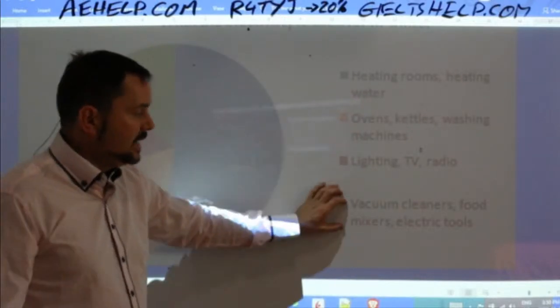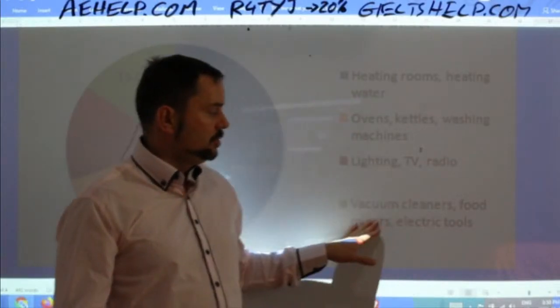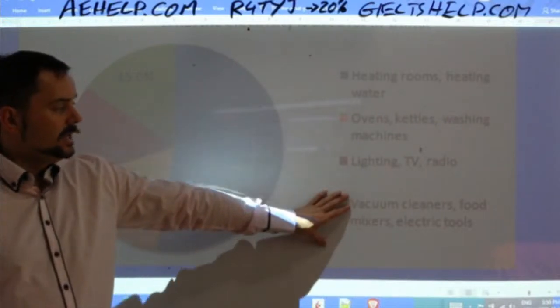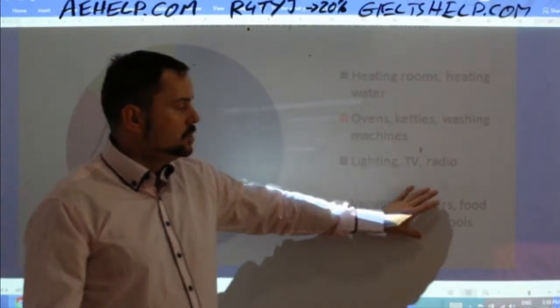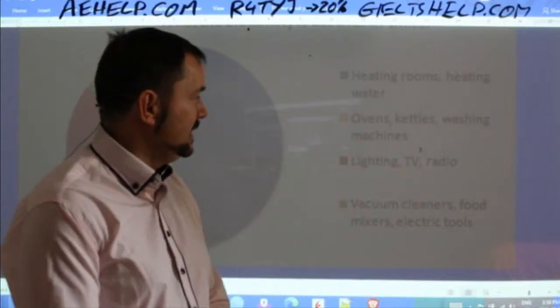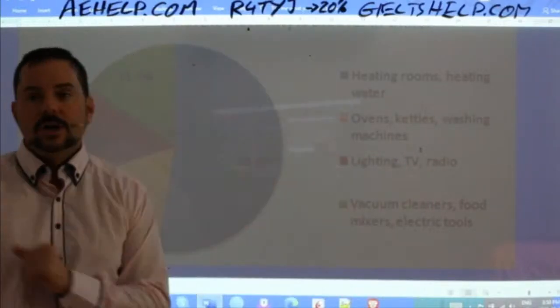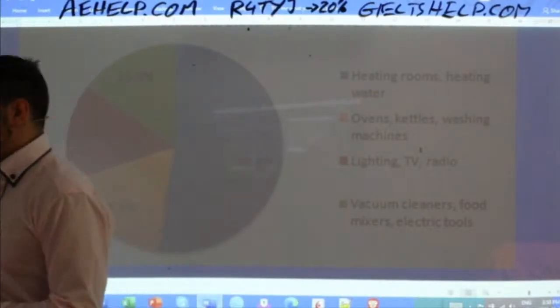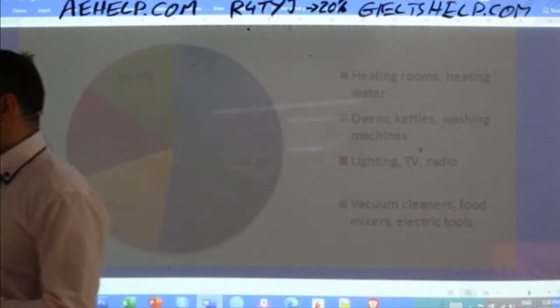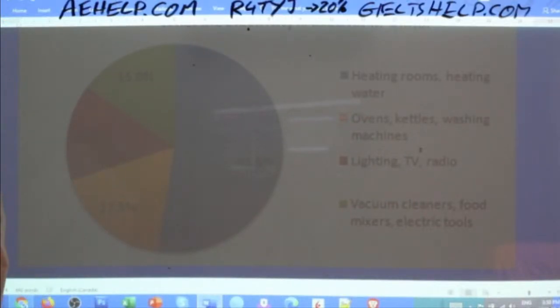Here, vacuum cleaners, food mixers, electrical tools are more the smaller appliances that are not used for generating heat. So keep that in mind. Larger appliances, smaller appliances. Okay?